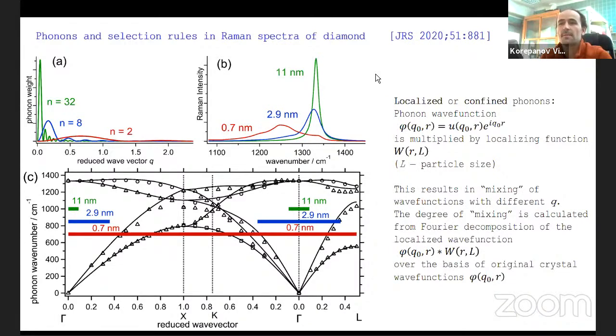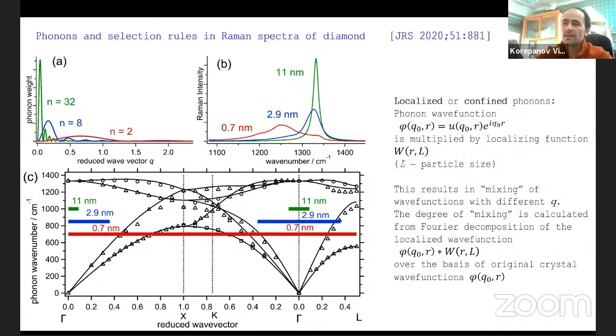This is what we have in the bottom. Depending on this phase shift, for crystals, you can see here the gamma point, and only the phonons with zero wave vector are observed. This means only one point here for diamond, 1333 inverse centimeters. So in the Raman spectrum of a bulk crystal, we have only one narrow line, 1333.